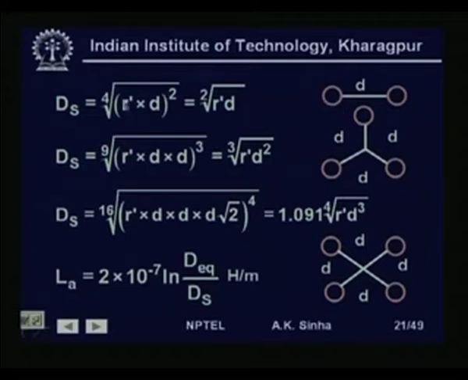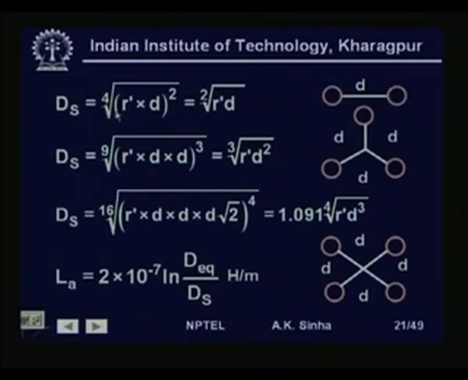If we are using two conductors, then the self distance or the effective GMR will be given by the 4th root of r dash into d whole square, because its own distance with this conductor will be r dash, its distance with the other conductor is d, then for this conductor its own distance is r dash, and the distance of this conductor with this is going to be d. So, we have r dash into d into d, and we take the 4th root of that.